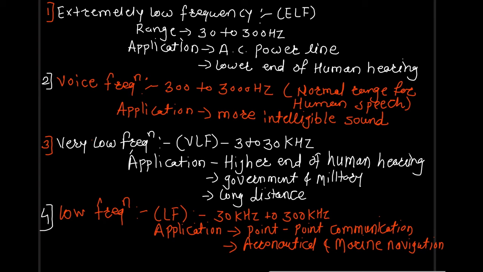Frequencies in this range are also used as subcarriers. Subcarriers are signals that carry the baseband modulating information but that again modulate another high frequency carrier. Next one is medium frequencies.